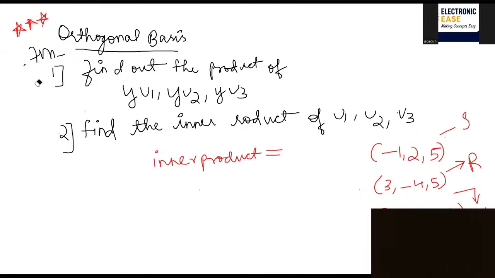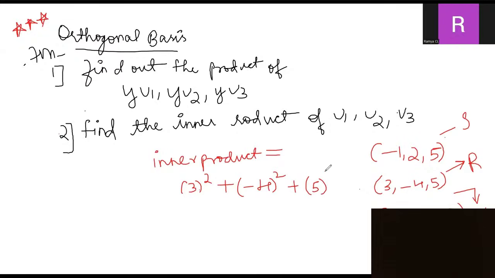Inner product for 50, sir. 3 square minus 4 the whole square plus 5 square. So 9 minus 4 into minus 4 is plus 16, which is 25, plus 25. So 25 plus 25, 50.